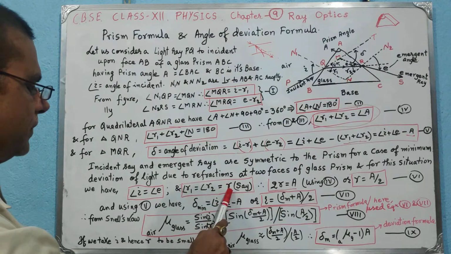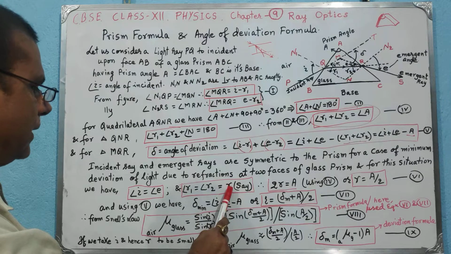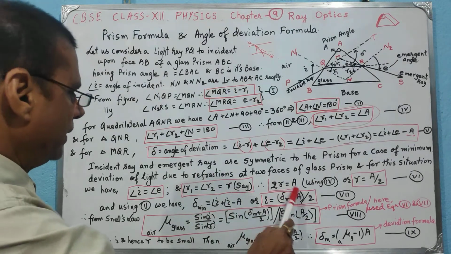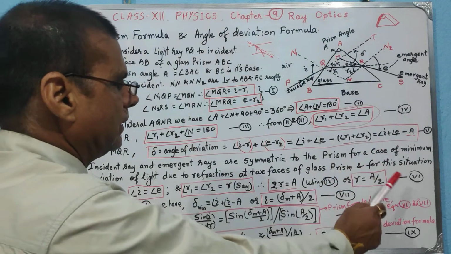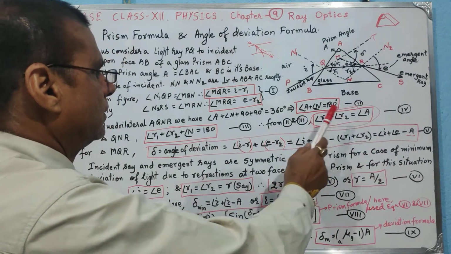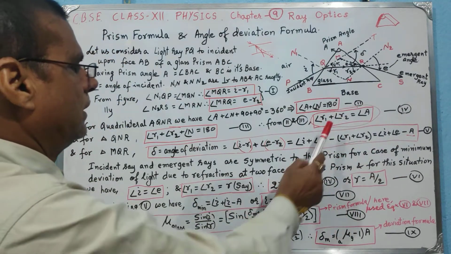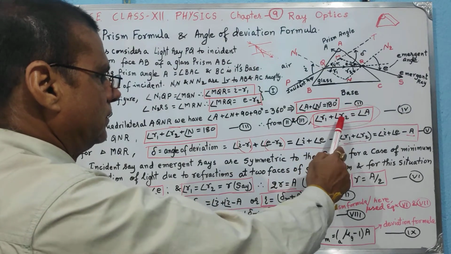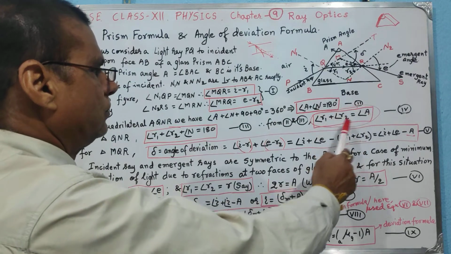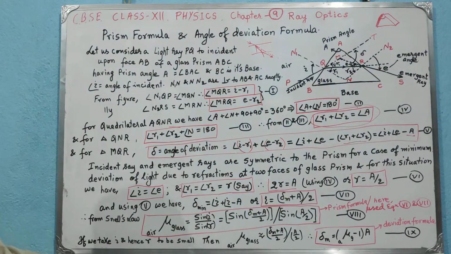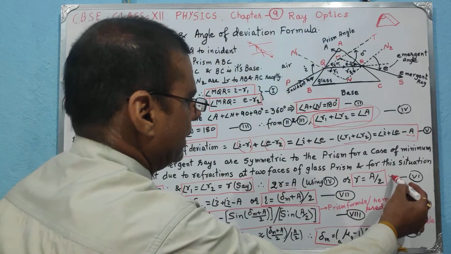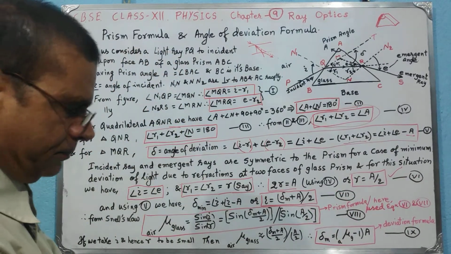We assume it to be R, and therefore we have 2R equal to A, because R plus R is equal to A. Therefore 2R is equal to A, therefore R is equal to A by 2. So we got the expression for angle of refraction.